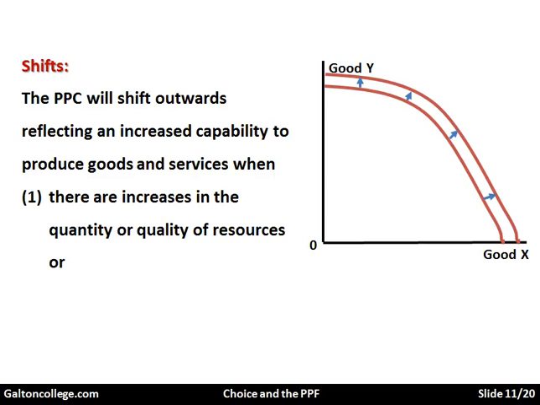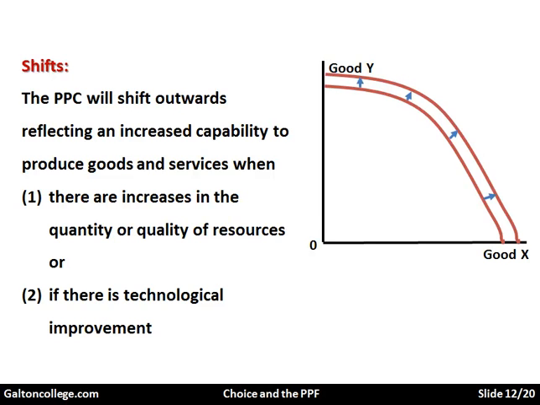For example, when there are increases in the quantity or quality of resources, or there is, for example, technological progress. So the shift outwards of the PPF, of the production possibility frontier, represents, if you like, economic growth.